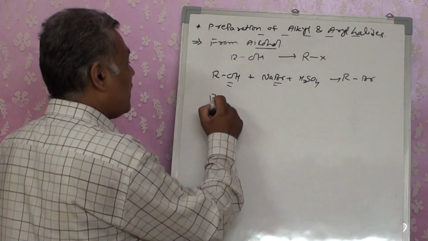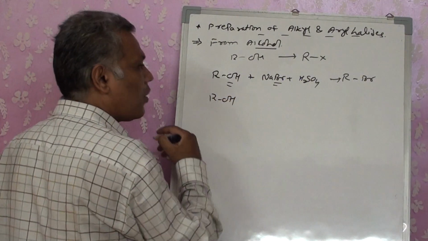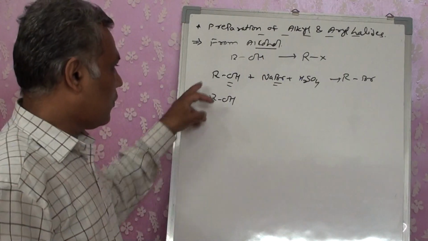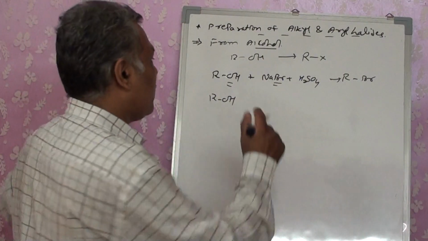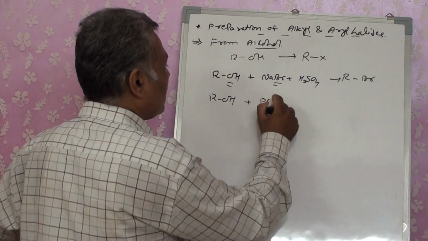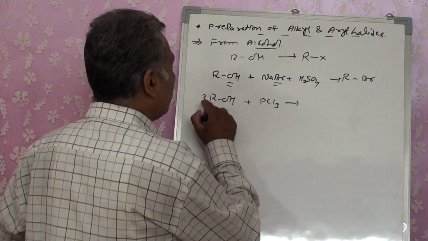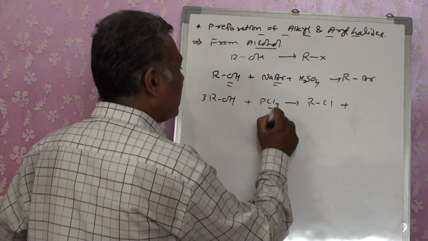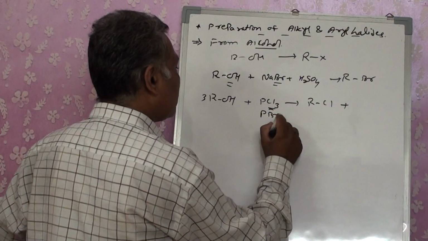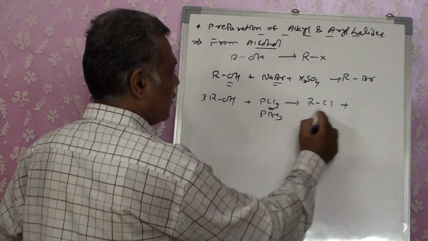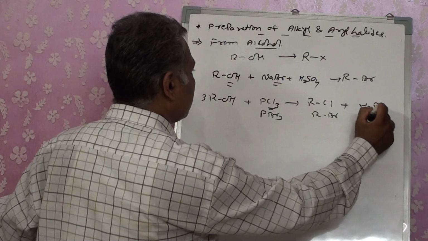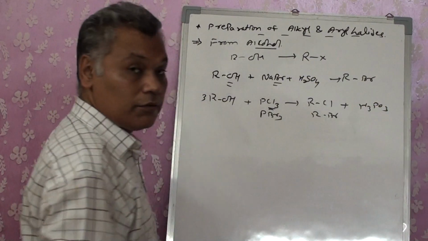In the same way, whichever it may be, primary, secondary or tertiary alcohol, if it is reacted with PBr3, 3 moles of alcohol are replaced into halide, and you will get RBr, and H3PO3 will be given out.